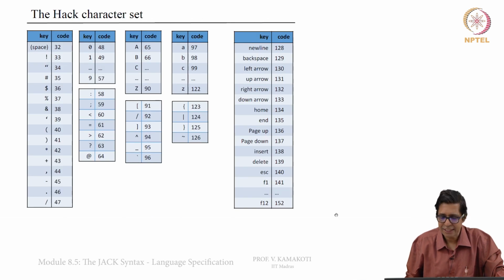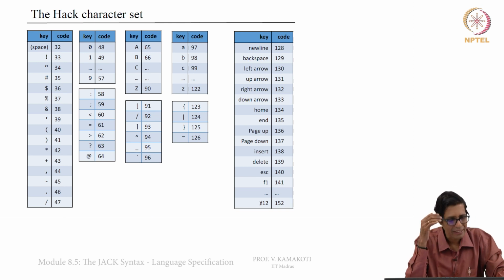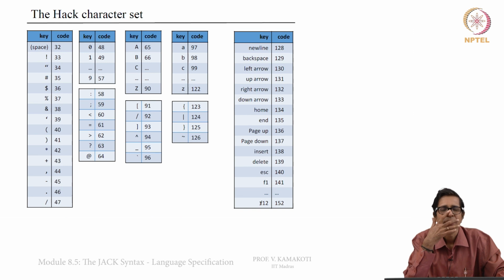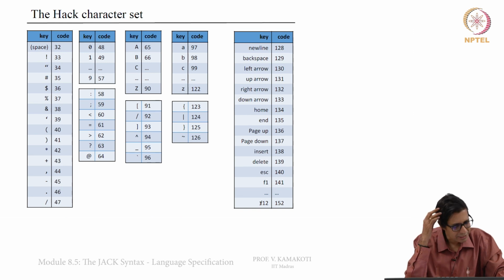The Hack character set is given here. You need not know it completely, but this is how it goes: 32, 33, 34, 35, 47, 0 to 9, semicolon, A to Z, and F1 to F12. All the 256 characters of ASCII may not be needed here. So, the Hack character set is defined for this particular system.